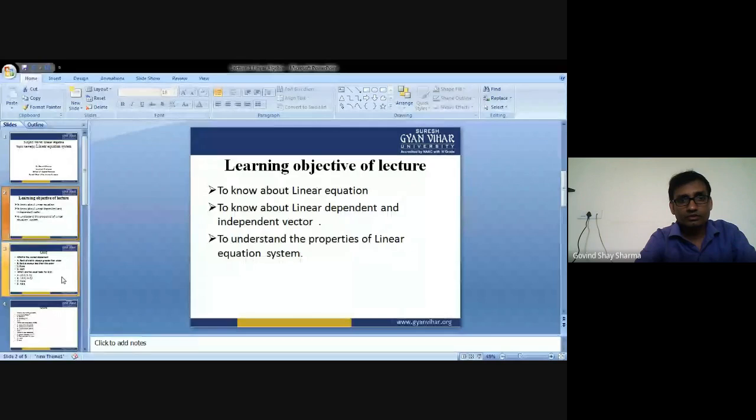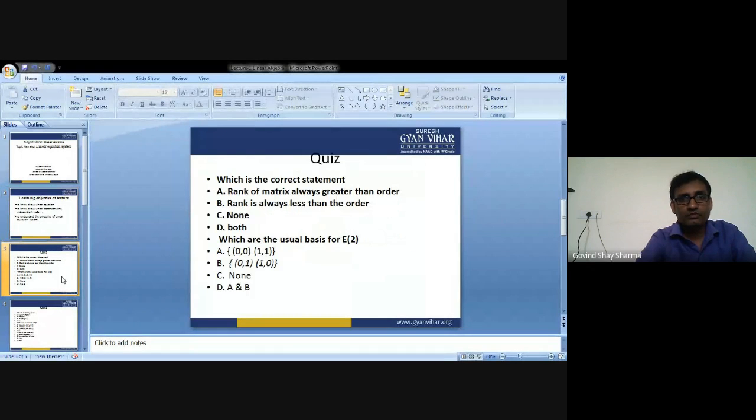What type of questions are waiting for us in today's quiz? Which is the correct statement? Rank of a matrix is always greater than the order; rank is always less than the order; none; and both. So rank always greater than order is wrong, because I told you a theorem that rank plus nullity is equal to order.